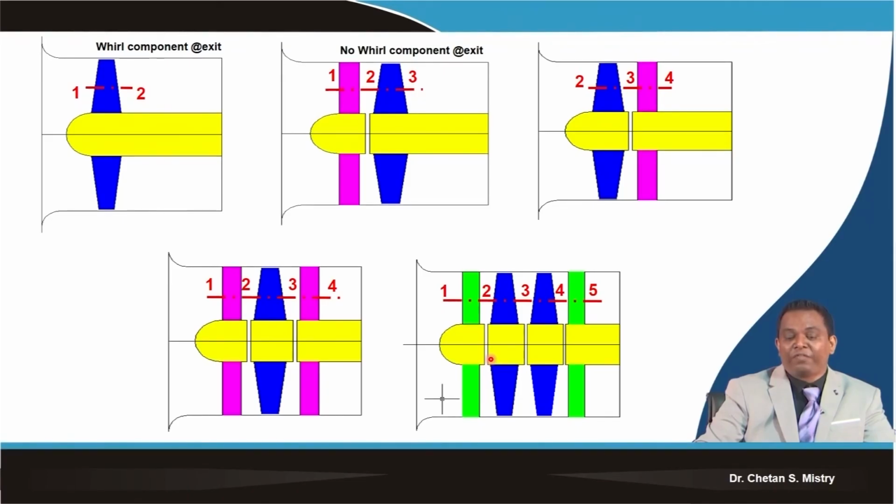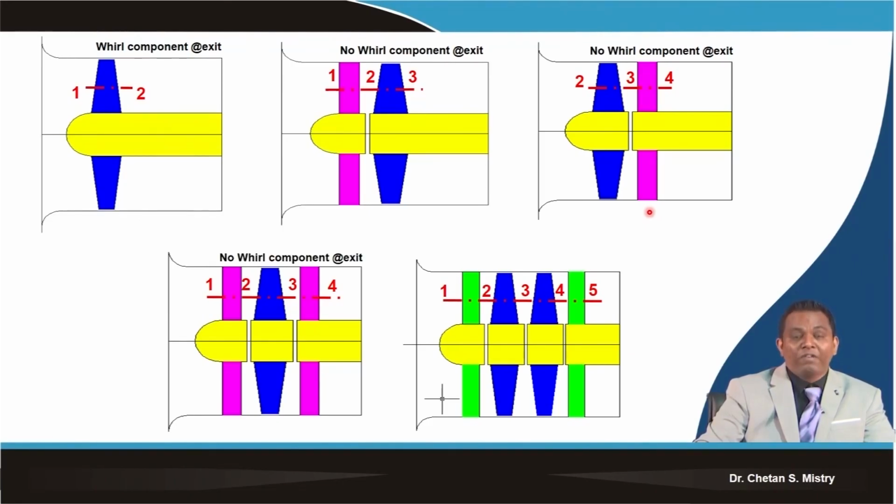If we go with the next configuration, we have tried to avoid the whirl component coming out from the rotor exit. We found our exit to be axial, so we have not utilized the whirl component for what it needs to be used for; we have nullified its effect. For the configuration in which the rotor is followed by a stator, it is the same kind of configuration, and we have not made any use of the whirl component.